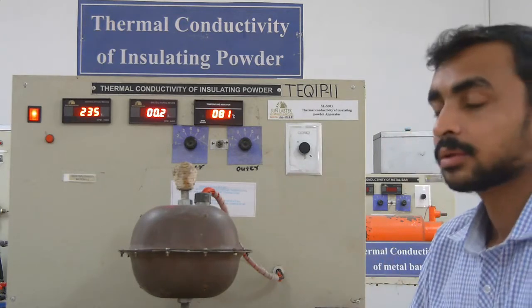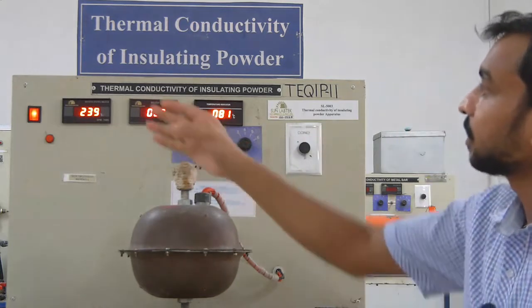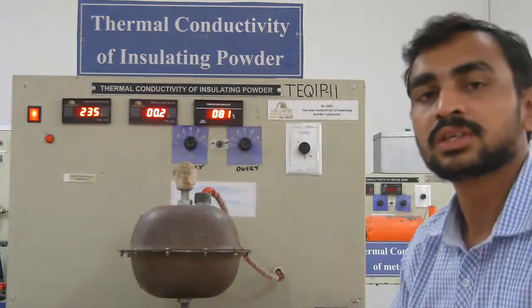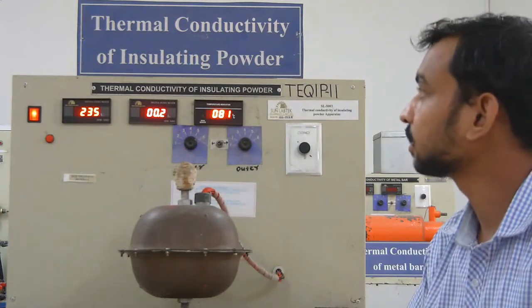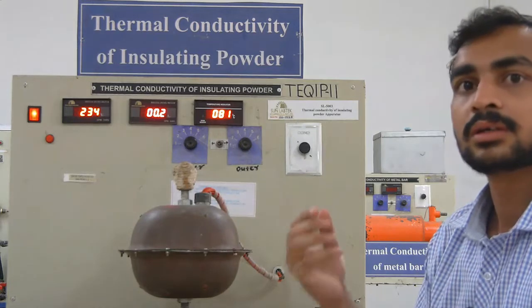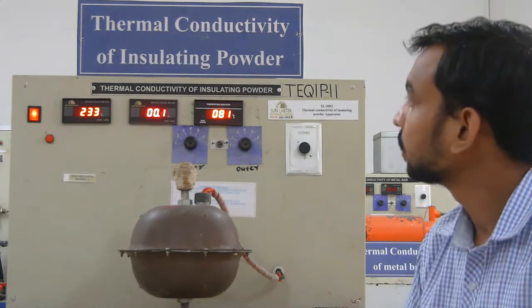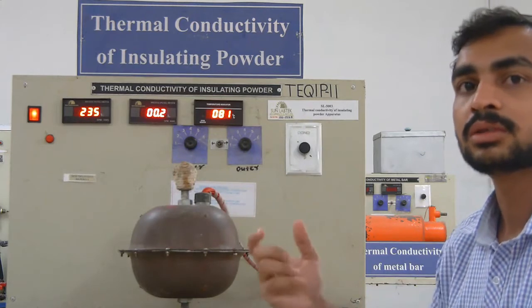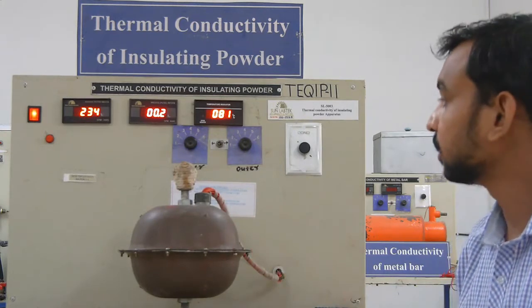Here, the first one, as you can see, is the on/off switch key for the whole equipment. Second one is the voltmeter to note down the voltage supply to this equipment.